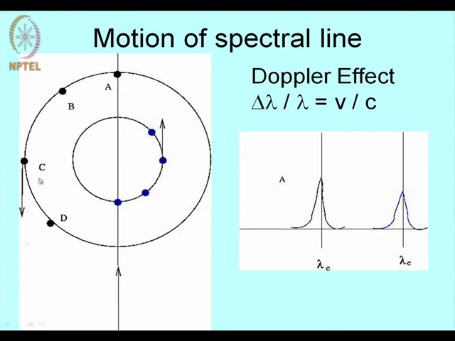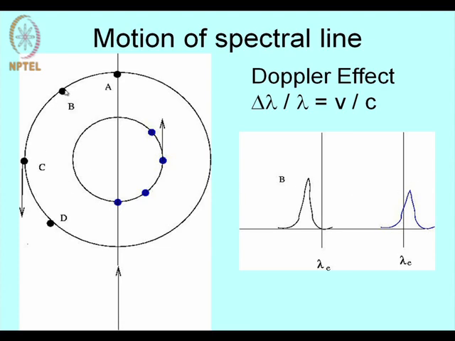So, we have a blue shift. This object is moving away from the observer. So, we have a red shift. So, the wavelength of this object in position B has shifted, it has become less, whereas the object here is moving away from the observer. So, the wavelength has increased.